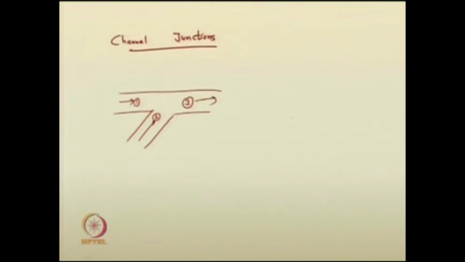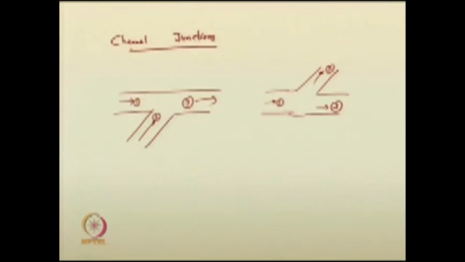Similarly, there can be the reverse also, that is one particular channel is there, and it is getting diverged into 2, say this is 2, this is 3, like that. That can also happen in many cases.